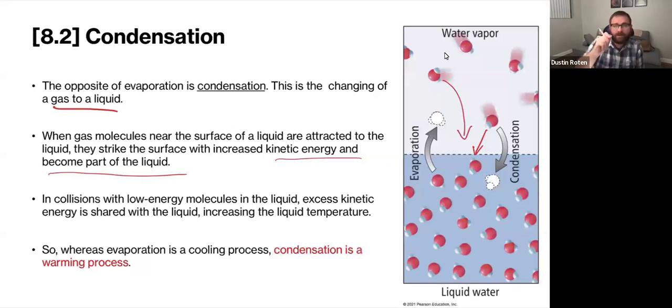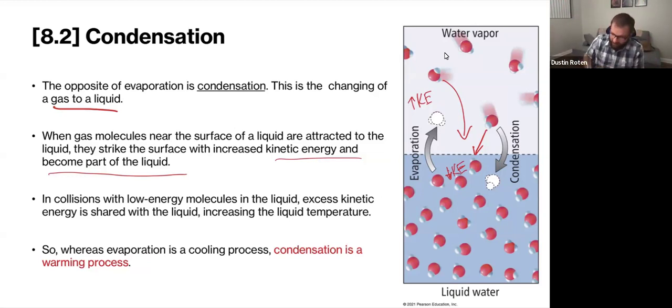In collisions with low energy molecules in the liquid, these water vapor molecules have a pretty high kinetic energy, but the molecules in the liquid have a low kinetic energy. So we have an energy transfer going the other way. Instead of fast, speedy molecules going out, we have fast, speedy molecules coming in.